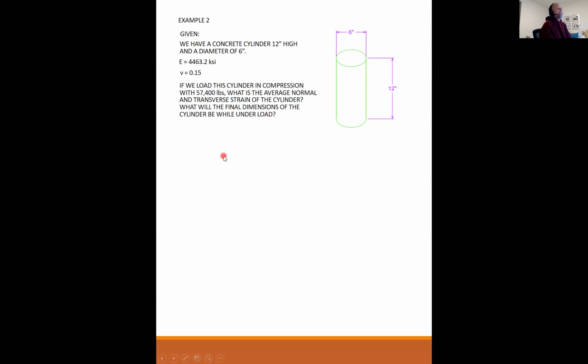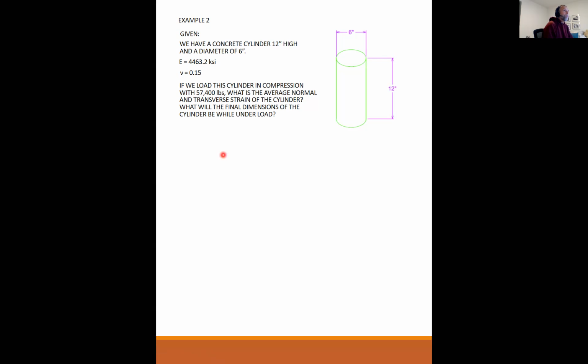So if we load this cylinder in compression with 57,400 pounds, say, what is the average normal and transverse strain of the cylinder, and what will be the final dimensions of the cylinder while under load? So here's my cylinder. My machine is loading it up with 57.4 kips.